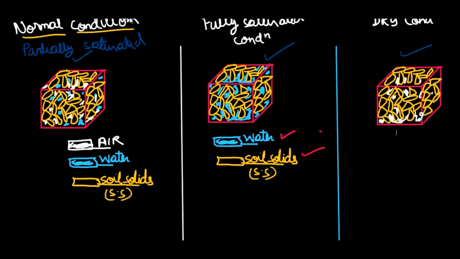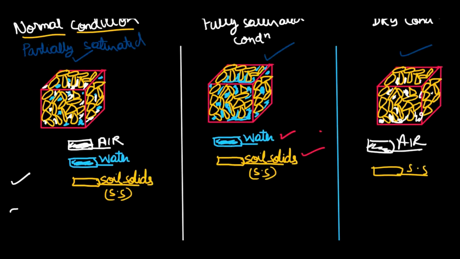In this case there will also be two components: the first one will be air, and the second one will be our soil solids, SS.